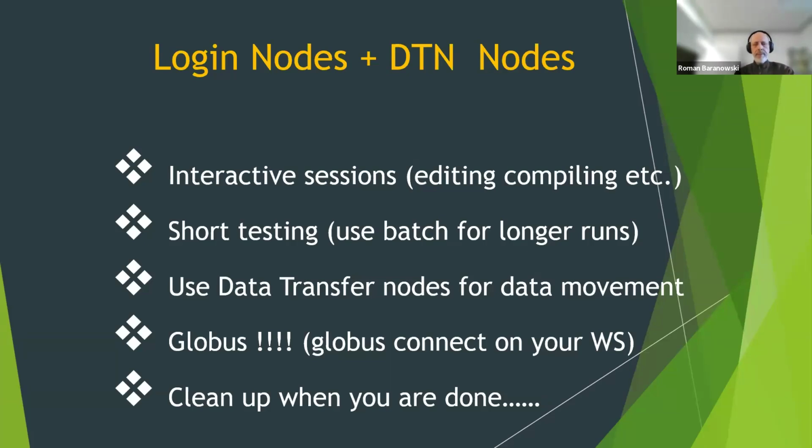For moving data from your workstation or from other clusters to the cluster you are currently working on, you should use these data transfer nodes, and the best way to interact with the data and move it around is basically Globus. You can also install Globus Connect Personal on your workstation or your laptop, and use this.